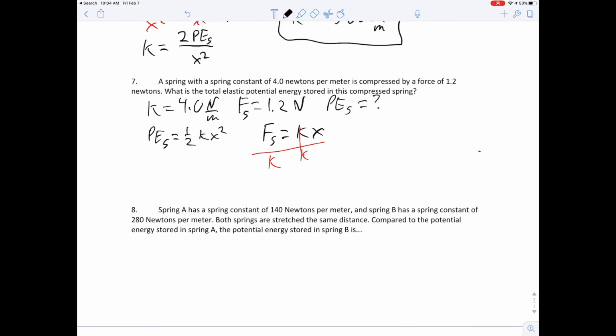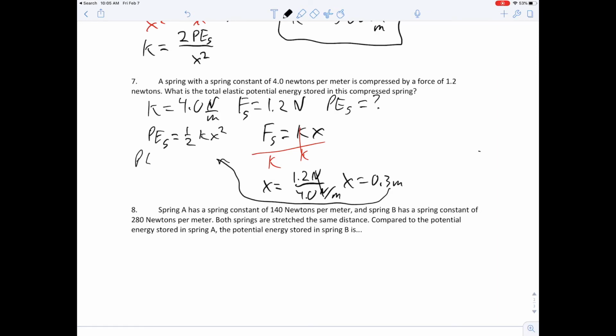Oh, that's great. Okay. So x is going to be 1.2 newtons over our K, 4.0 newtons per meter. X is going to be 0.3 meters.